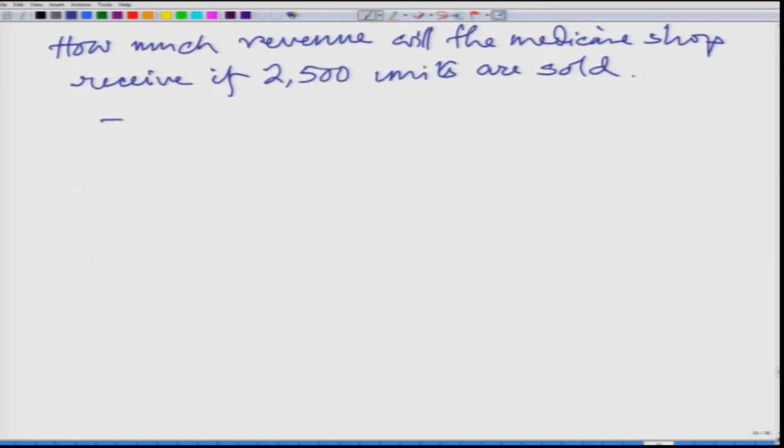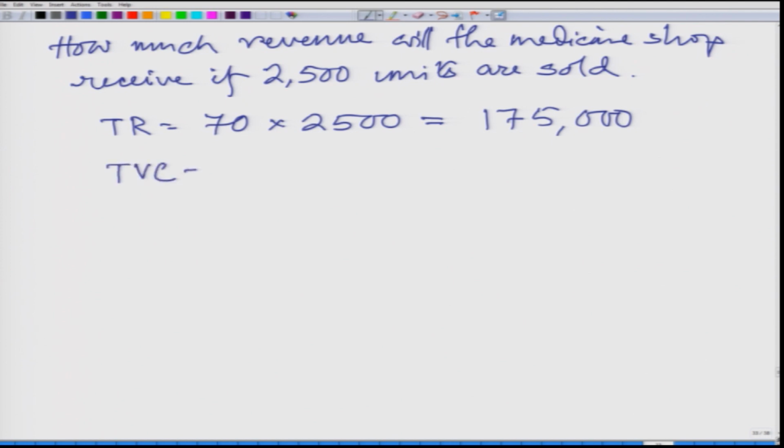So the total revenue is nothing but 70 multiplied by 2500, which is 1,75,000. Now the total variable cost: I know 32 plus 10, 42 was the variable cost per unit. So 42 multiplied by 2500 amounts to 105,000.